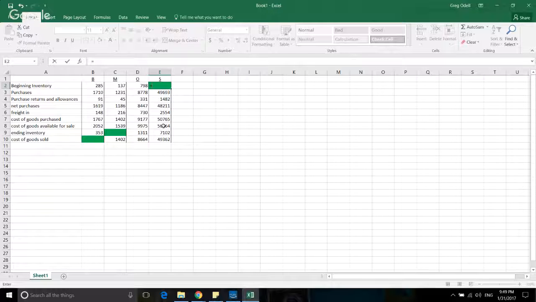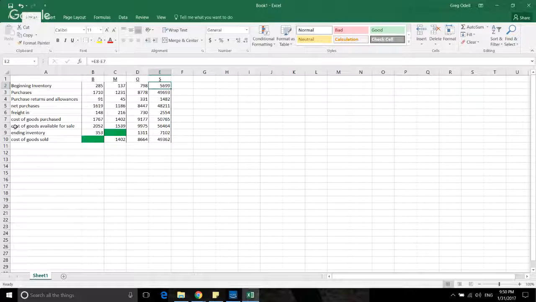So we want to subtract the cost of goods purchased from the cost of goods available for sale. All right, and find our beginning inventory right there. We'll get that 5,699. Probably these are in millions, but we'll just go with the base number that we've got right there. All right, and then we're going to move on to our last formula now.